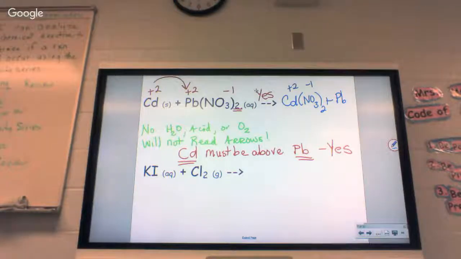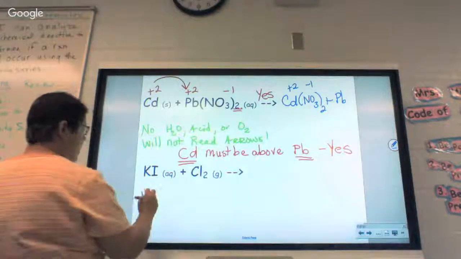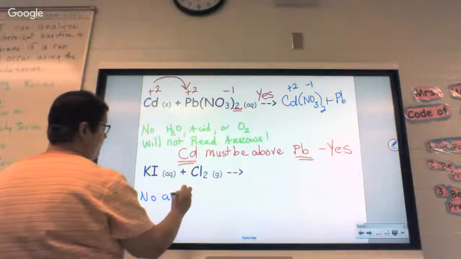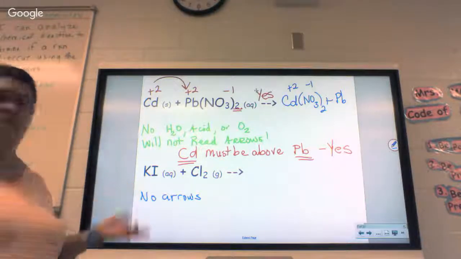So in the reaction on the board, people, do we have any water? No. Do we have any acids? No. Do we have any oxygen? No. So clearly we can't read the arrows. So, no arrows. We've got to figure out who's got to be above who, right?